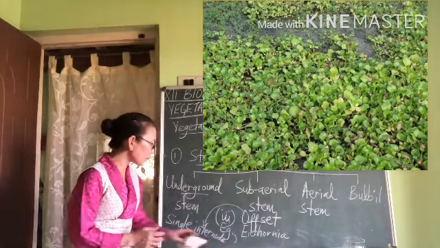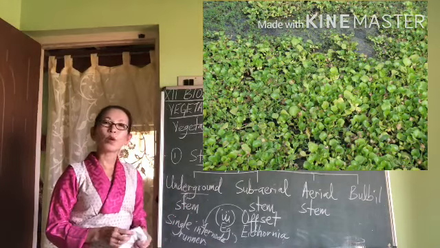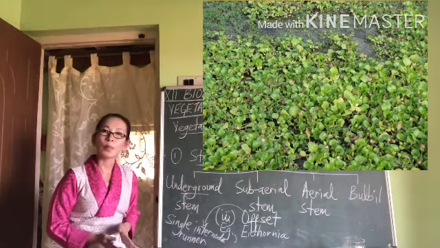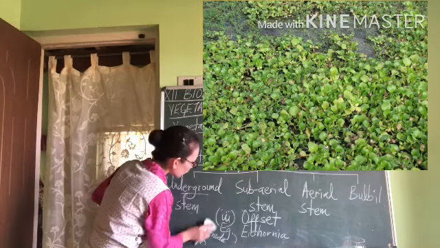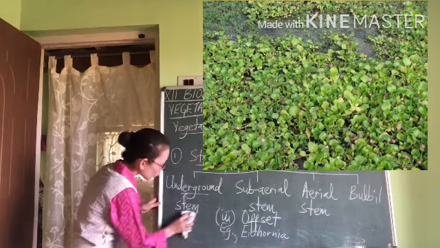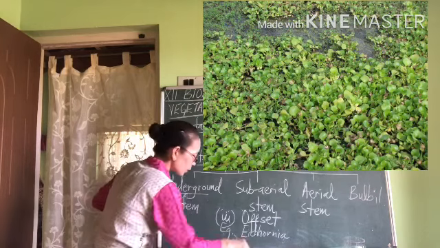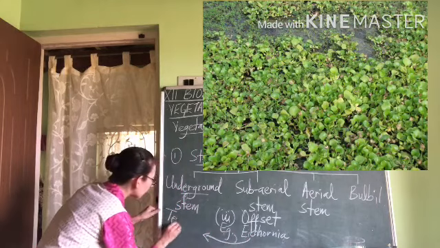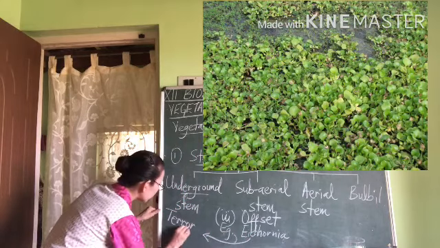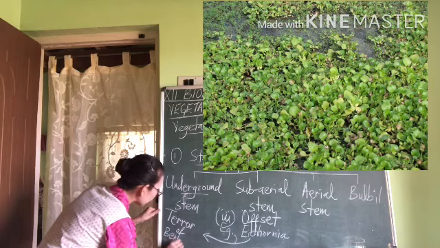And particularly, this has become a major problem in the region of West Bengal, due to which Eichhornia is also referred to as the terror of Bengal.